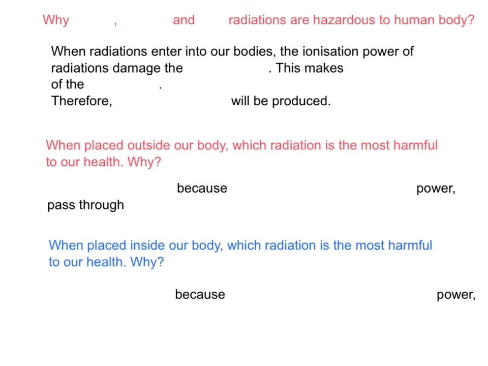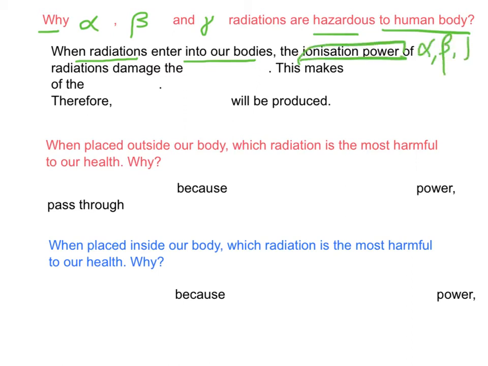Let's see why alpha, beta, and gamma radiations are hazardous to the human body, or why they are harmful to our body. When radiation enters into our bodies, the ionization power of alpha, beta, and gamma radiation will damage the healthy cells.